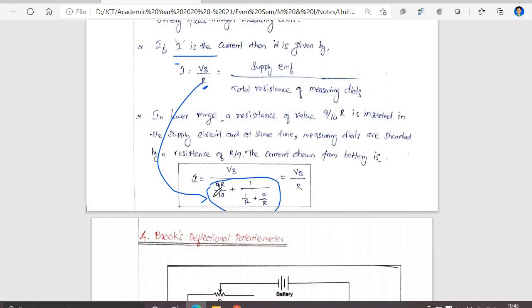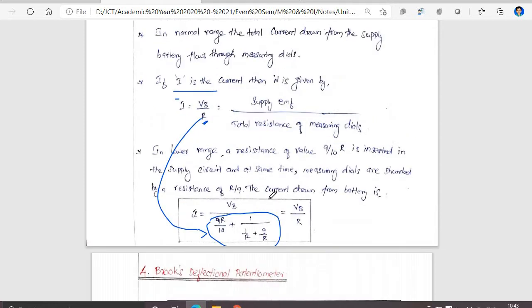Whenever you connect resistances in series you can directly add them, and for parallel you take the inverse. So here 9R by 10 is the actual value plus 1 divided by (1 by R plus 9 by R), both in parallel. Here we get 1 by R plus 9 by R, and you can solve the equation.